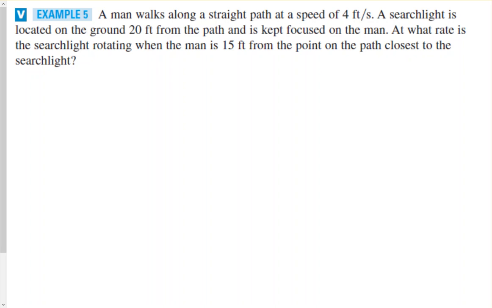Okay, so let's draw a picture for this. The man walks along a straight path. So let's call this the straight path, we'll call it X. And we have a searchlight located on the ground 20 feet from the path.